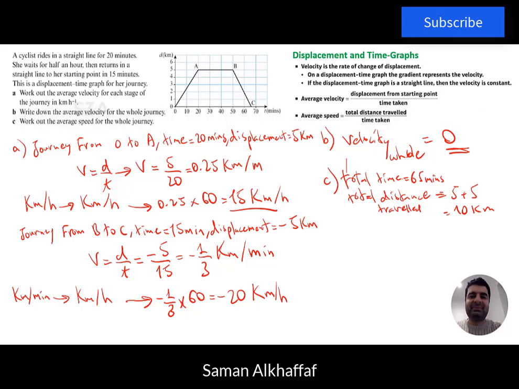So in this scenario, we get the speed to be distance over time, so that will be 10 divided by 65, which will give us 2 over 13 kilometers per minute.